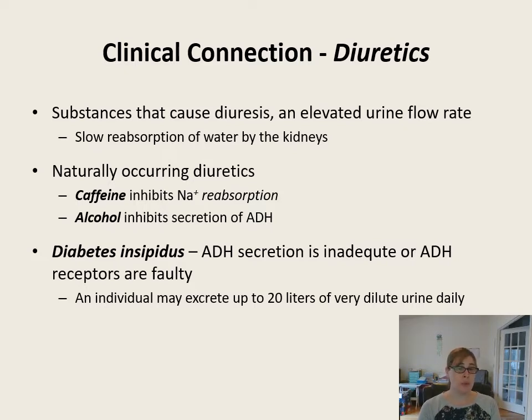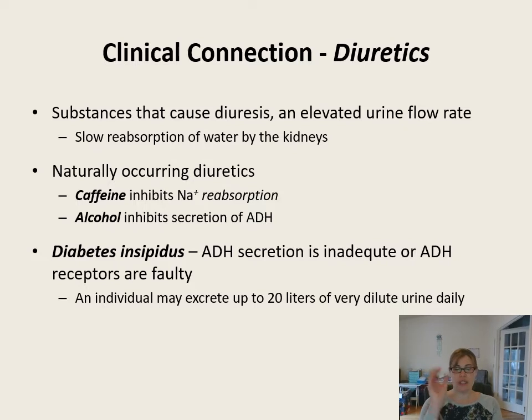Normal urine amount is about 1 to 2 liters per day. Someone with diabetes insipidus, without antidiuretic hormone being created or functioning, can excrete up to 20 liters of very dilute urine a day. This person is going to be constantly thirsty, which is where I think the SIP comes in.